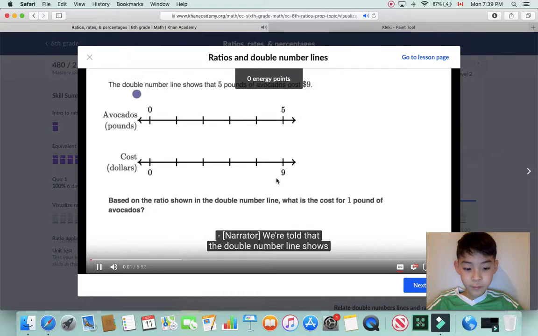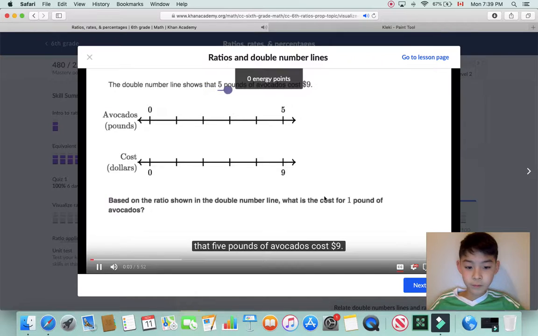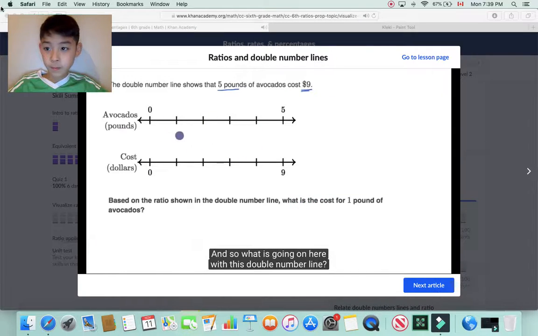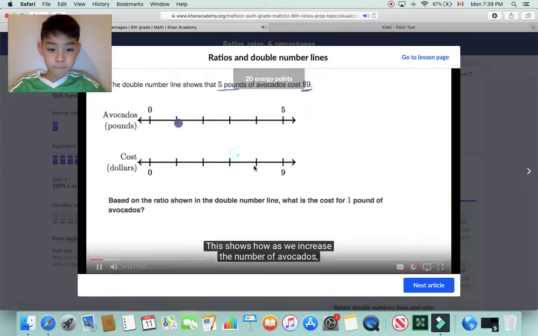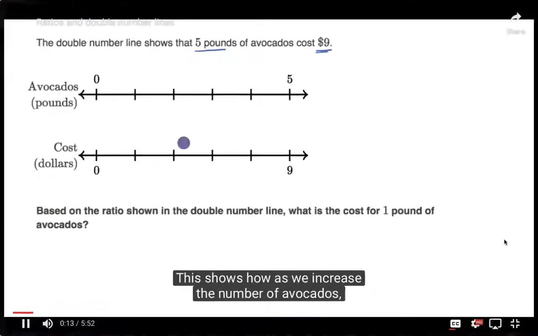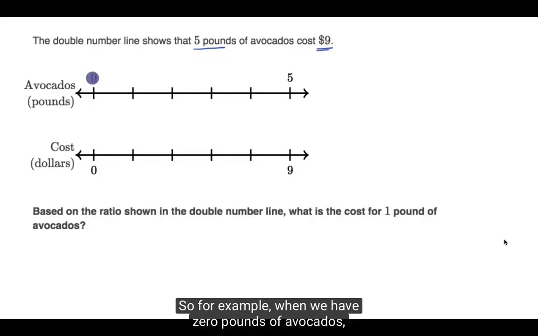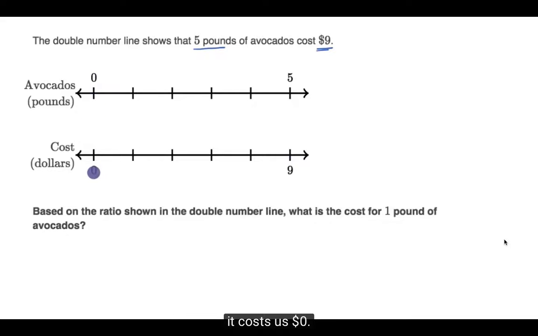We're told the double number line shows that 5 pounds of avocados cost $9. And so what is going on here with this number line? This shows how as we increase the number of avocados, the cost increases. So for example, when we have 0 pounds of avocados, it costs us $0.